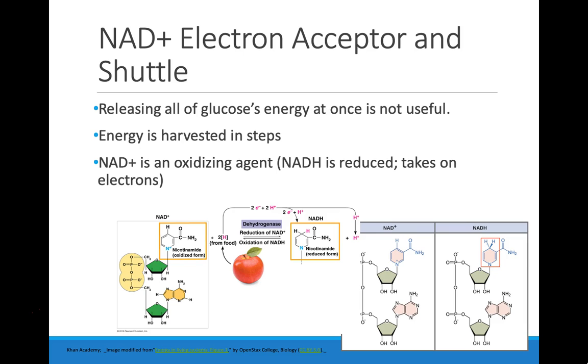And so NADH works to slowly remove the electrons from glucose, slowly take away its energy and transfer it to NADH and ultimately transfer it to ATP. So that's part of the reason that we need those electron carriers, is we need to slowly reduce the energy amount. We cannot just release it all at once. It would be too much for the cell.